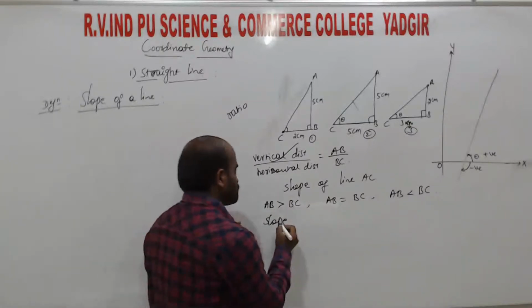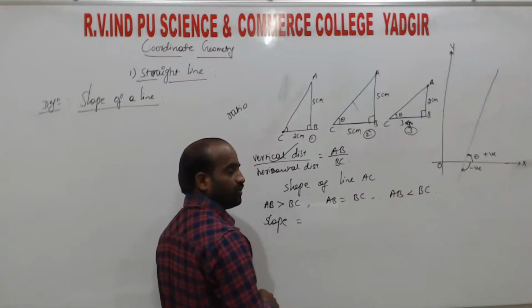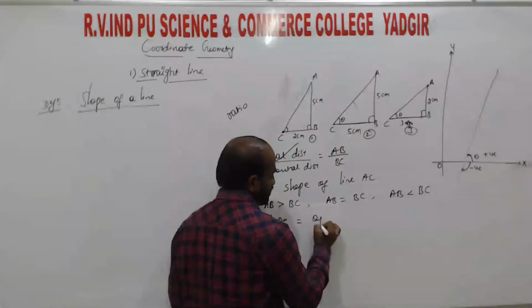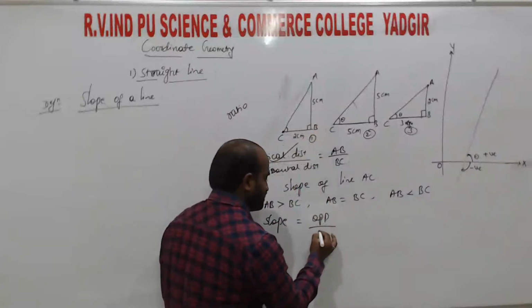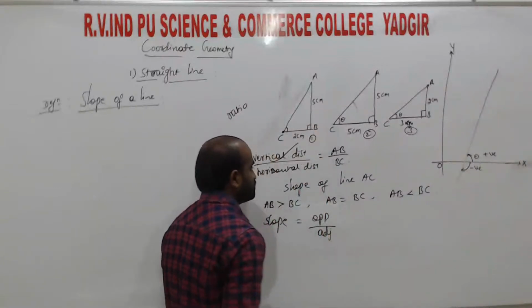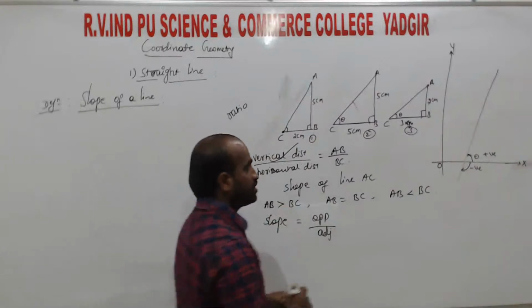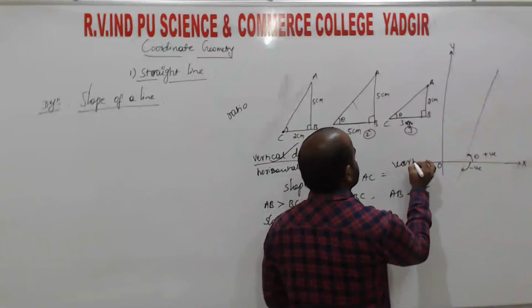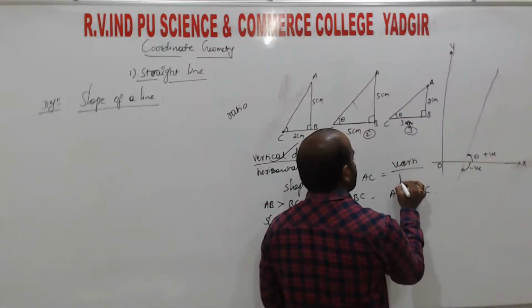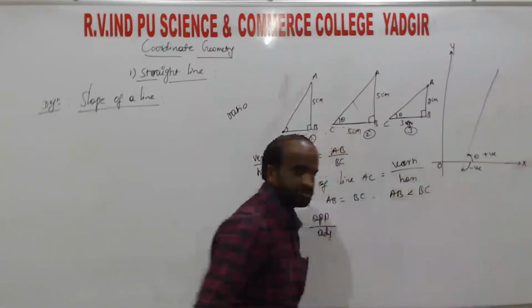Now, therefore, slope is equal to what? Opposite divided by adjacent. This means the slope of line AC is equal to what? Vertical distance divided by horizontal distance.